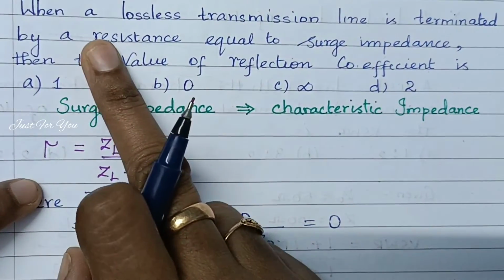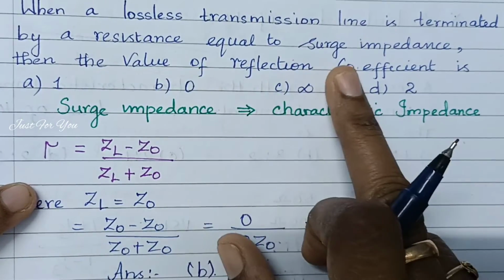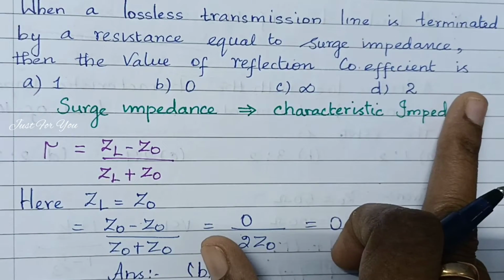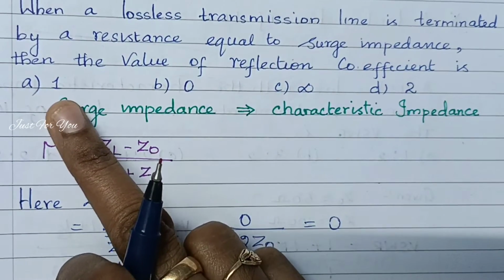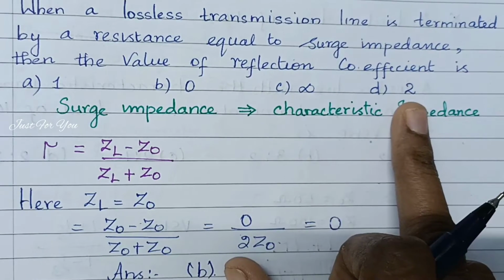Next question, when a lossless transmission line is terminated by a resistance equal to surge impedance, then the value of reflection coefficient is. Here also they have given four options, option A 1, option B 0, C infinity and option D 2.